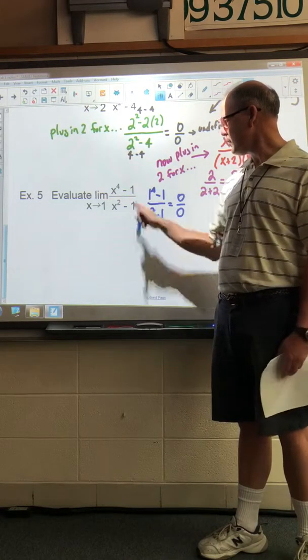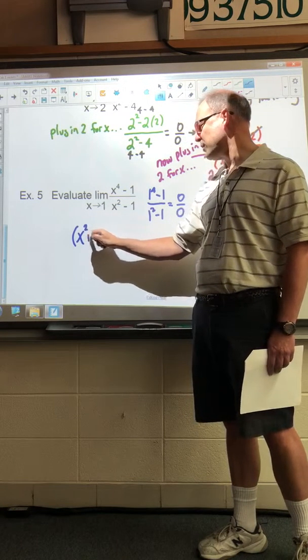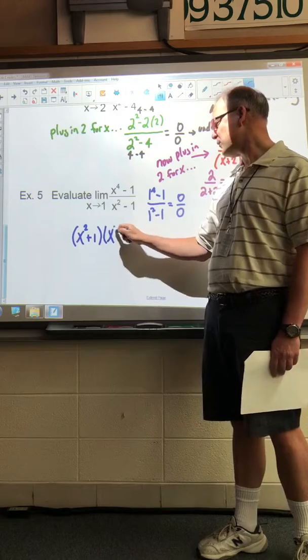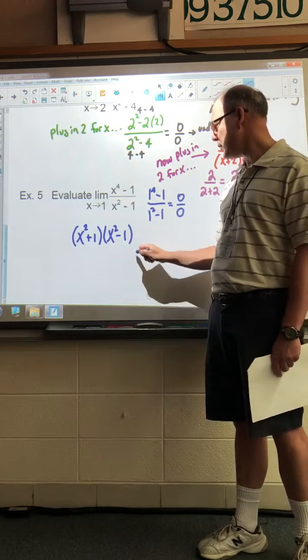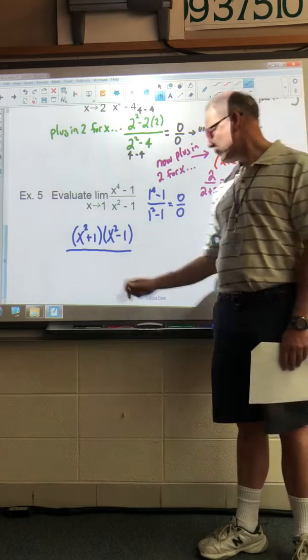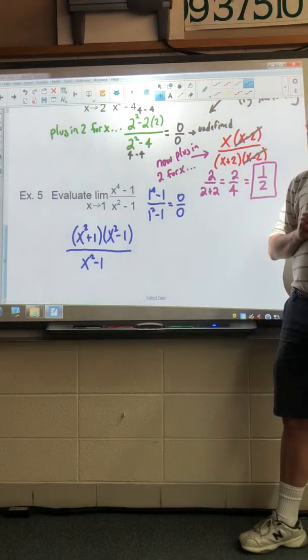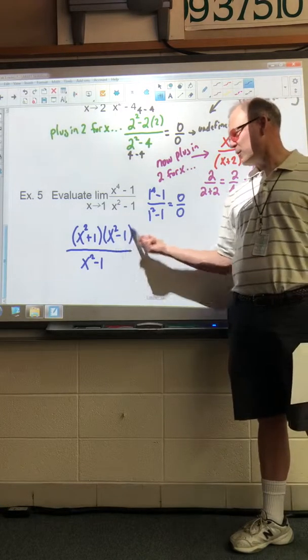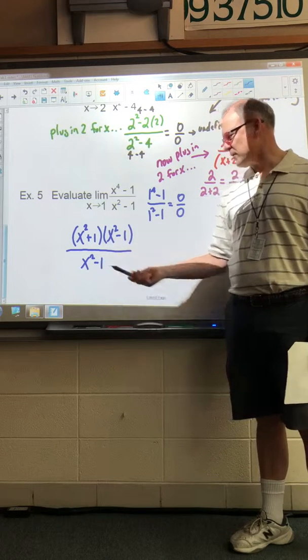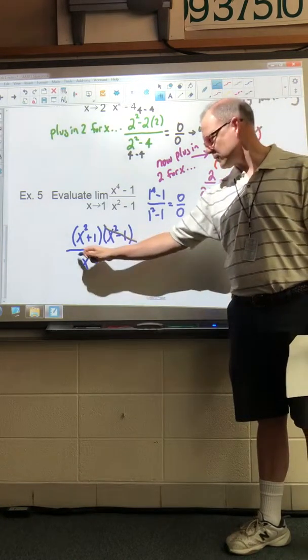So factoring, we saw this at the beginning of class, that factors into x squared plus 1 times x squared minus 1. Oh, look at that. We've got x squared minus 1 in the denominator. You could keep going with factoring x squared minus 1, or you could just stop and say, those cancel.